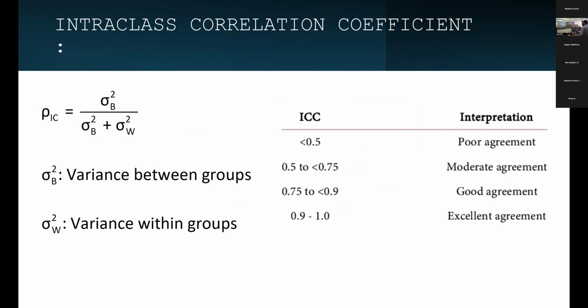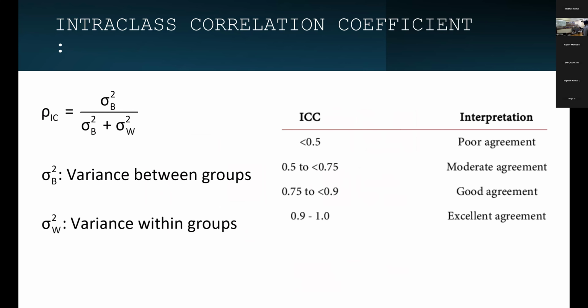So, we calculate something called the intra-class or the interclass correlation coefficient based on what we're looking at. Sigma square of B is the variance between groups, and sigma square of W is the variance within the group. So we're trying to isolate the variance: only the variation that is between the groups compared to the total variation, the summation of these two.